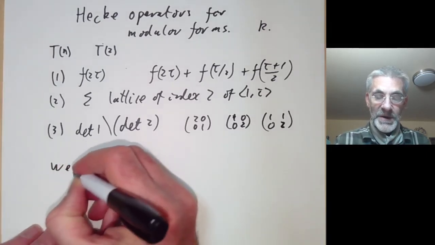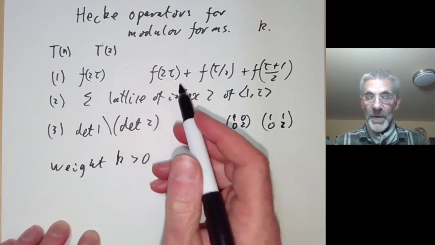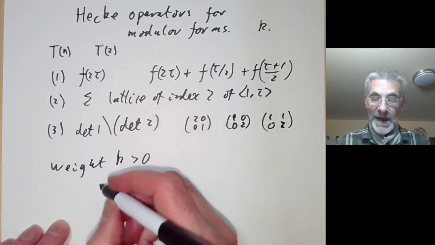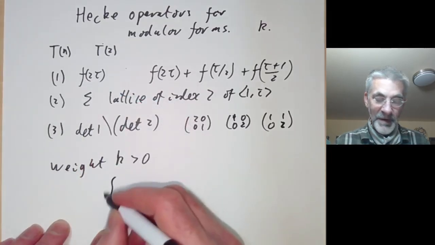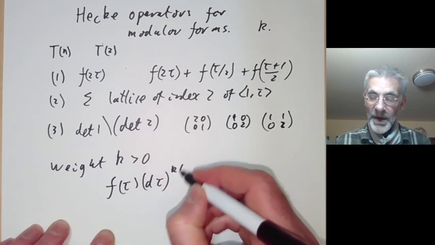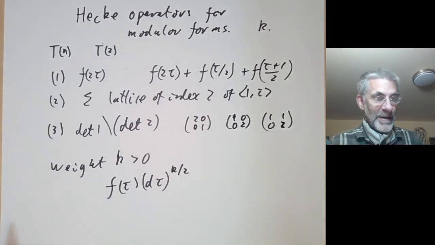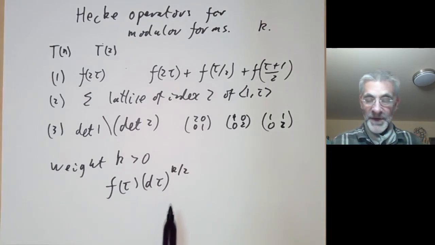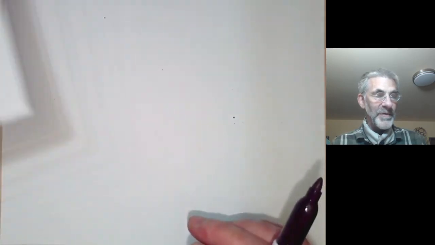Now, suppose we want to use weight k greater than 0, we do something very similar, except instead of working with an invariant function f, we work with an invariant form f of tau times d tau to the k over 2. This factor of d tau to the k over 2 just causes some extra constants in all the formulas.